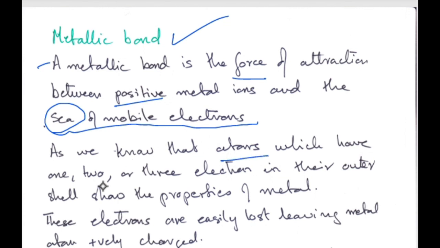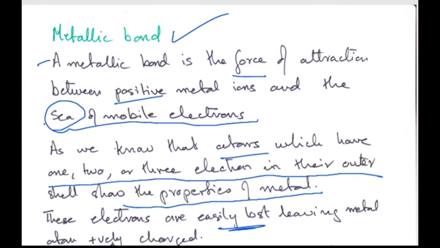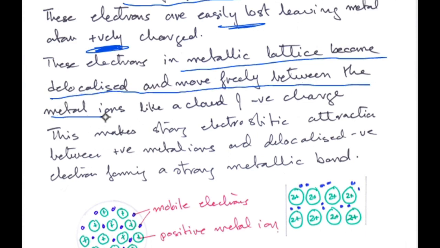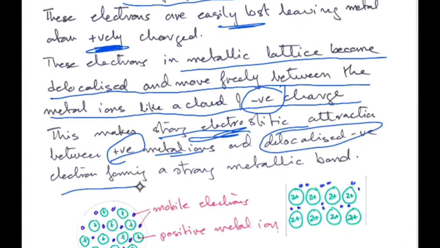Atoms which have 1, 2 or 3 electrons in their outer shell show the properties of metals. These electrons are easily lost, leaving the metal atom positively charged. These electrons in the metallic lattice become delocalized and move freely between the metal ions like a cloud of negative charge. This makes strong electrostatic attractions between the positive metal ions and delocalized negative electrons, forming a strong metallic bond.